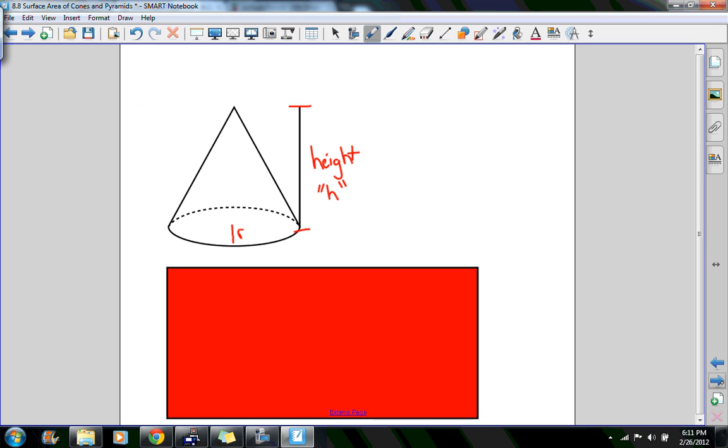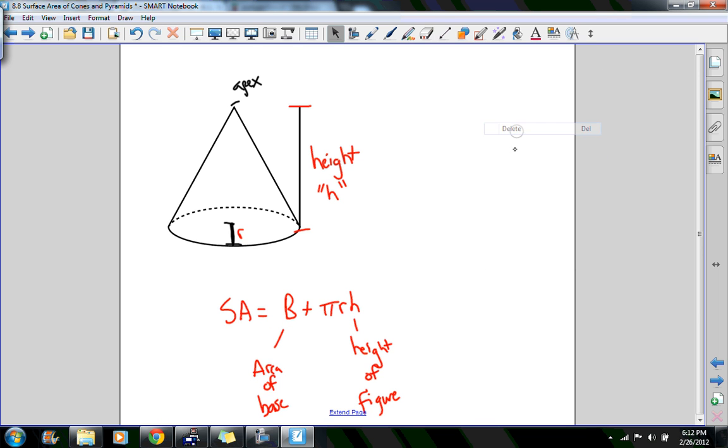Okay? So the cone here, now this looks like a 1, but this is a marking here. That means that's the length R. Once again, this is the apex, and so this is the height H, okay? And the formula for this is going to be incredibly similar.